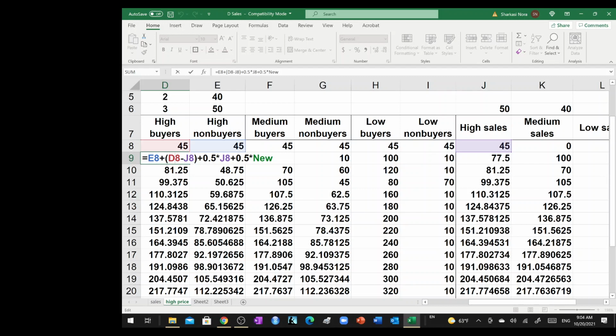So you need to find this 5% every time of the previous market, and try to find, multiply it by the percentage or likelihood that they will be buyers and non-buyers.